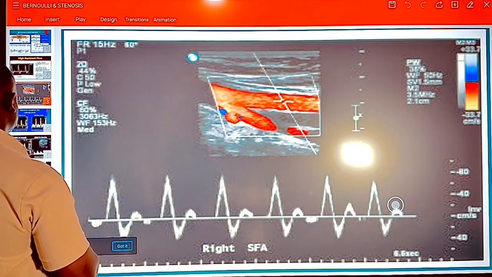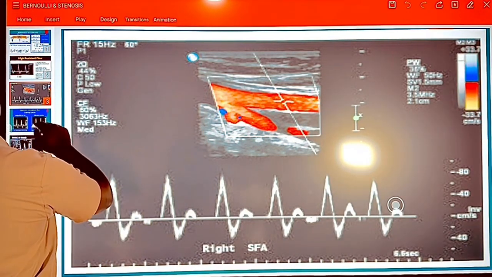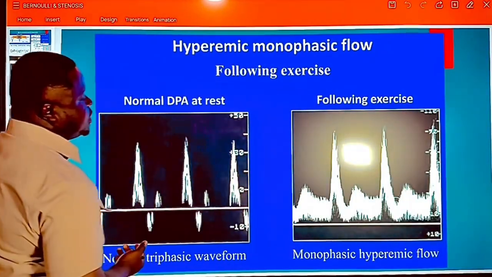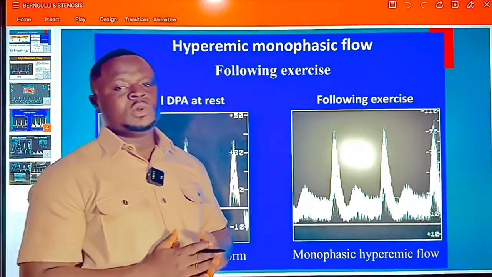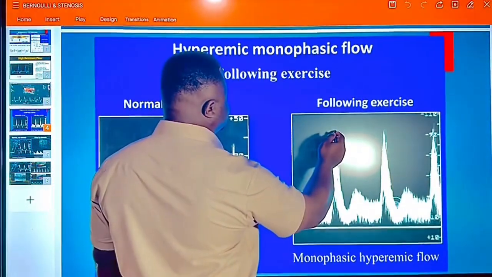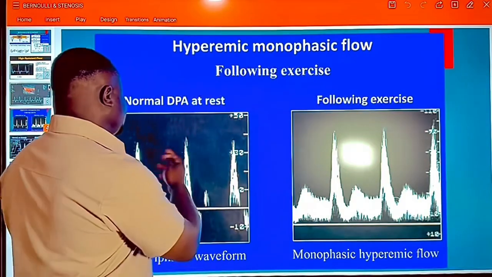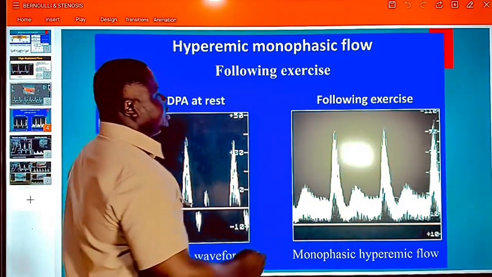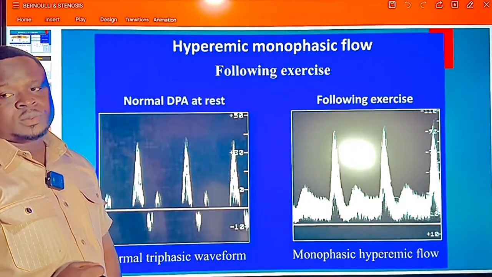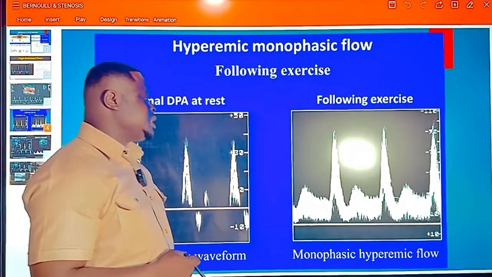Now let's look at Bernoulli's principle and then stenosis. Even though we know that monophasic flow is abnormal, this monophasic flow, as we are seeing here, is not abnormal. This is a normal triphasic waveform, and then this is hyperemic monophasic flow.